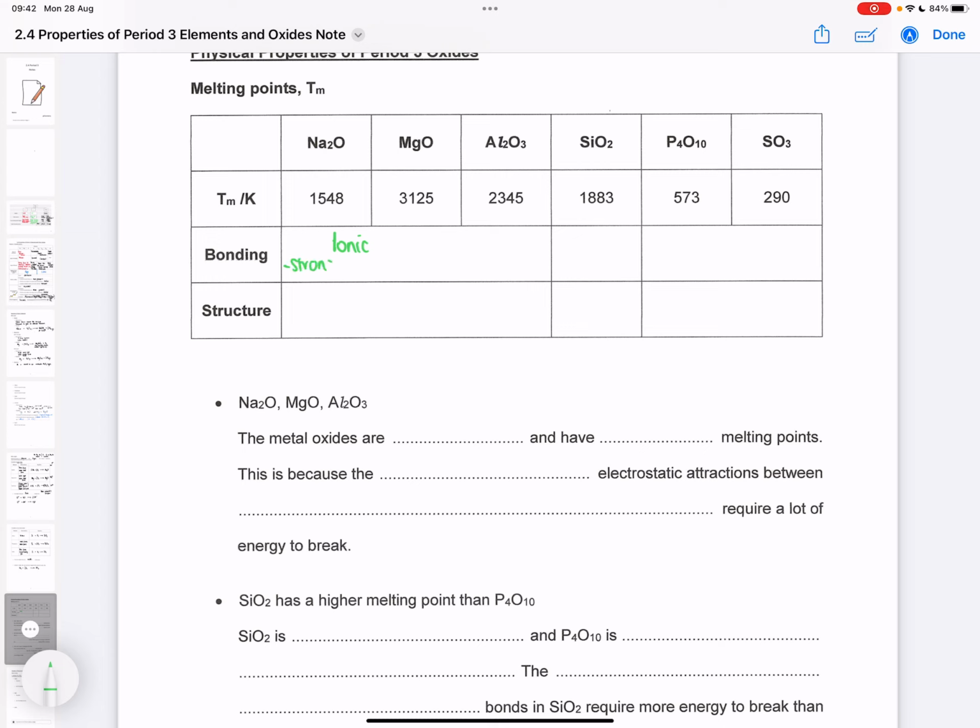So strong forces between those oppositely charged ions. When we're asked for the structure, don't just write the bonding. We call that structure giant, which is why it's a strong ionic lattice.